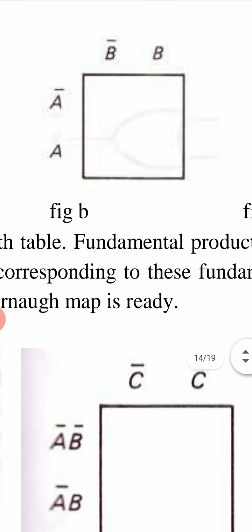The Karnaugh map for two variables is constructed in this way. We draw a rectangle, write A bar and A on the left side as a column, and B bar and B on the upper side as a row.